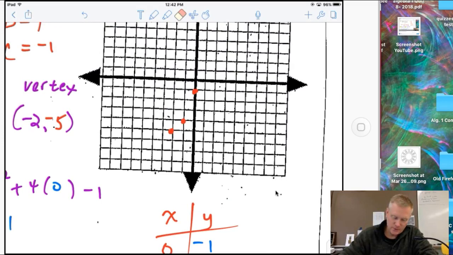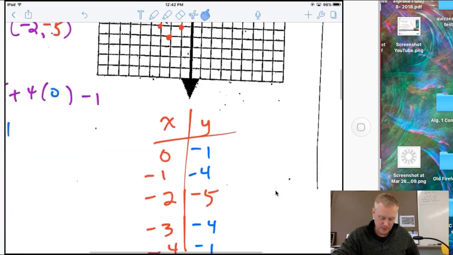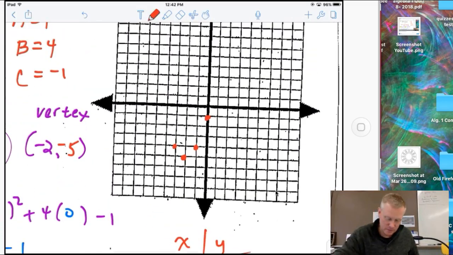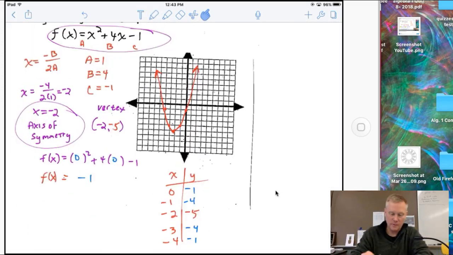This one is also not symmetrical, so I'm catching all kinds of mistakes because this is a symmetrical kind of thing. And my last point is going to be negative 4, negative 1, which is over here. Okay, and then I can fill in my graph. It's not going to necessarily be perfect, but it should be good. All right, and I'm good.